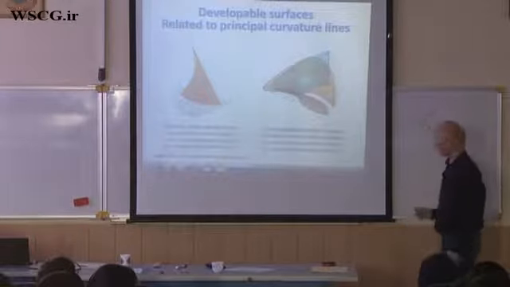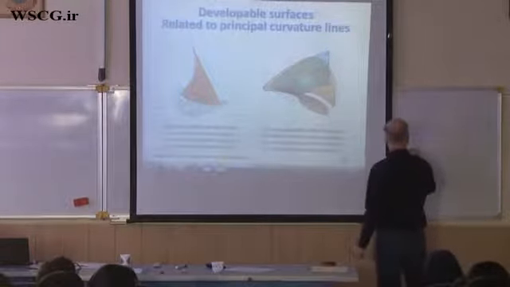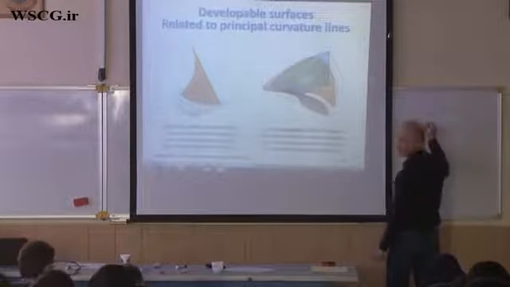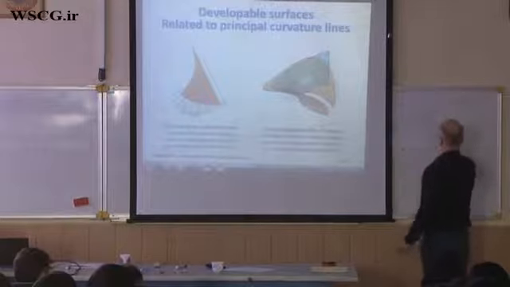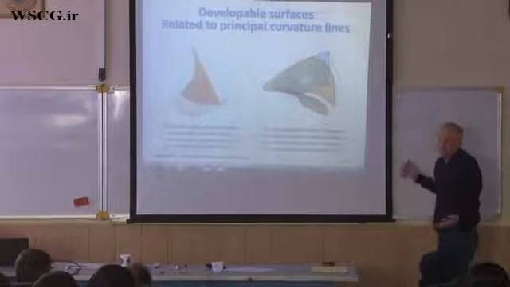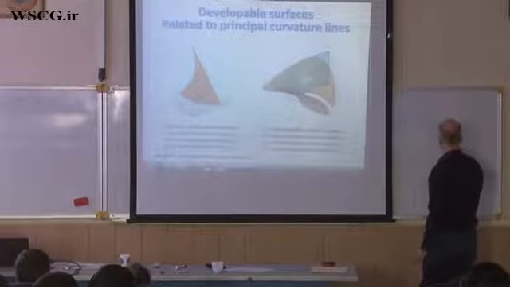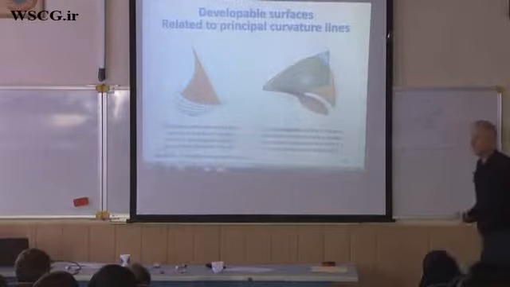Then a ruled surface X of u and v is L of u, so we go to this curve, plus along this line we take a second parameter v times E of u.